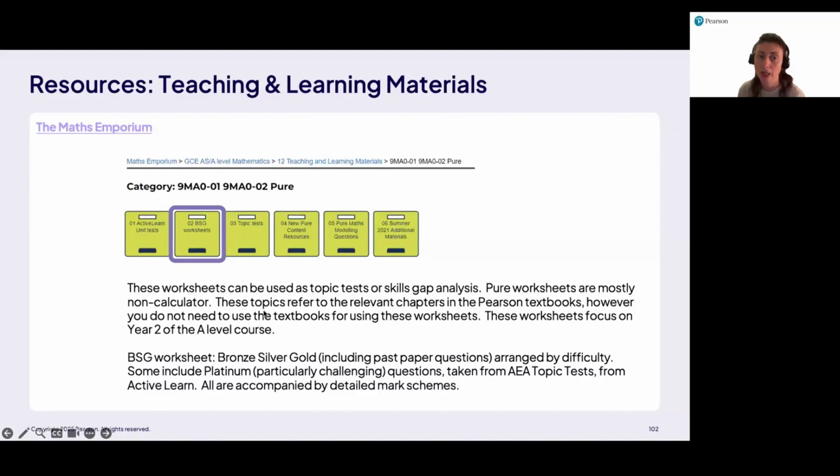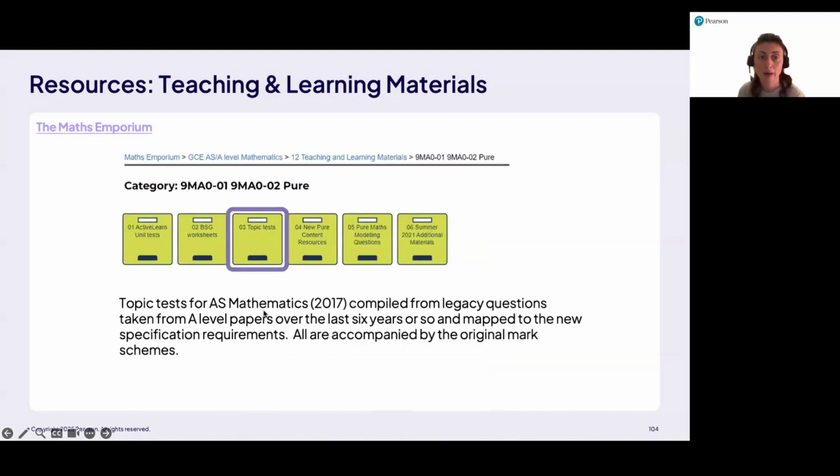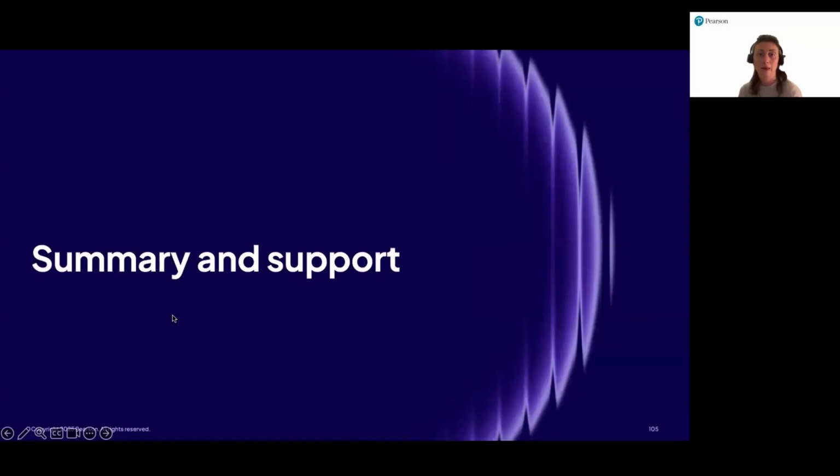So good for differentiation. And they are appealing to students as well, pushing themselves to see if they can move on from bronze to silver or answer any silver questions. Likewise with the gold. That's within the BSG cabinet. There are topic tests, and that's it from me.